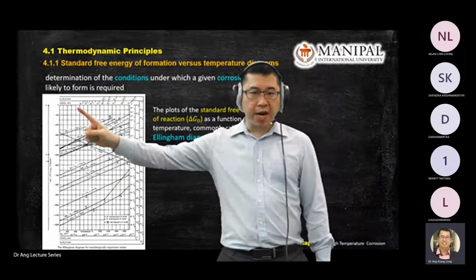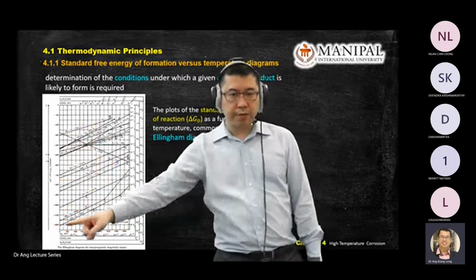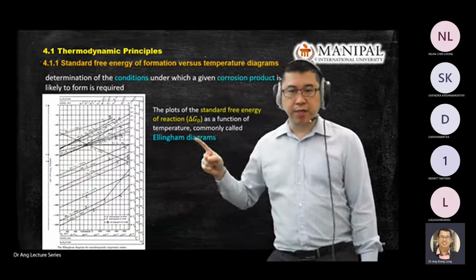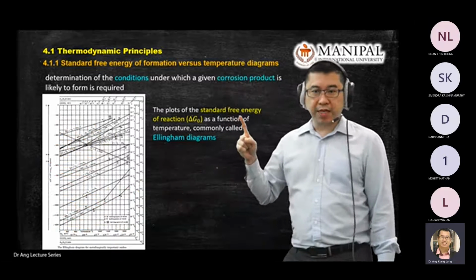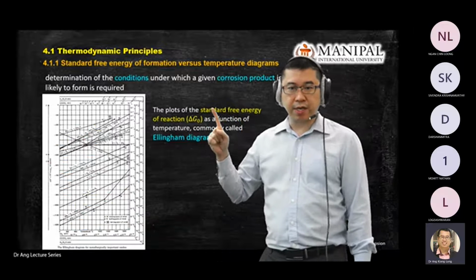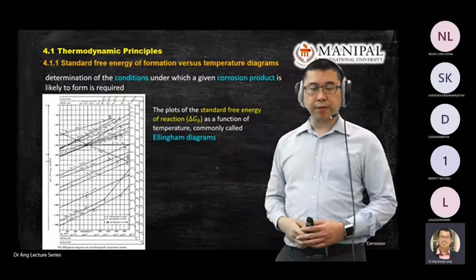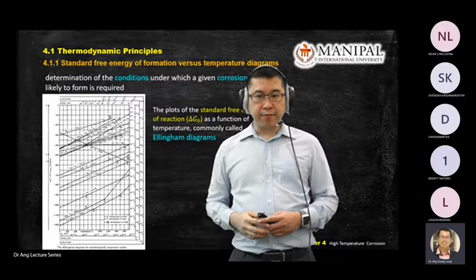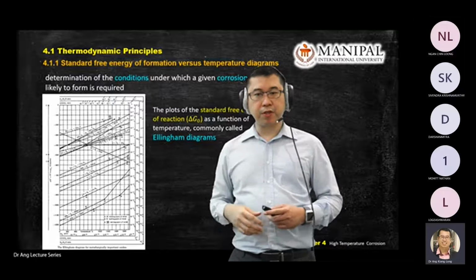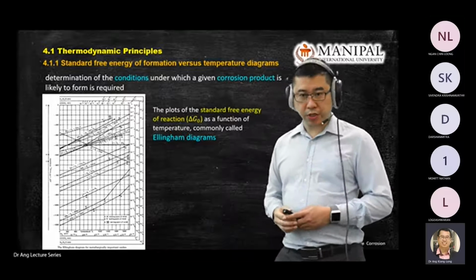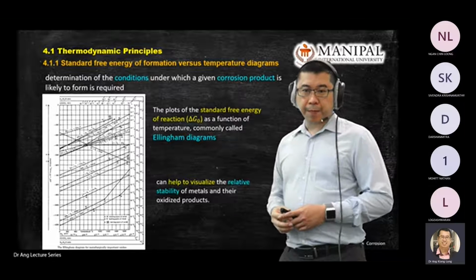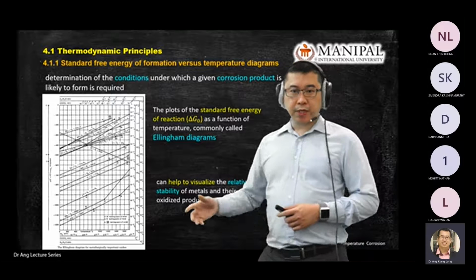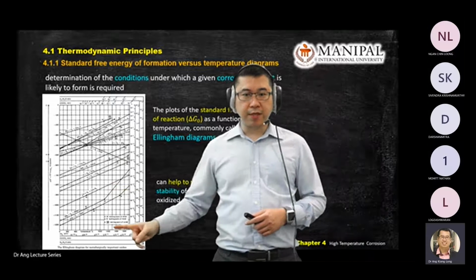So the y-axis over here is called standard free energy of reaction, delta G naught. It is a function of temperature, which means it is related to temperature change. Inside here you see all these lines. What do all these lines mean?